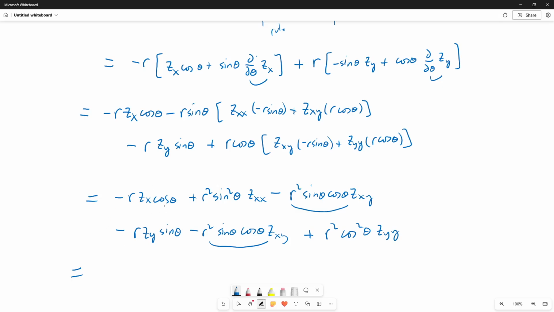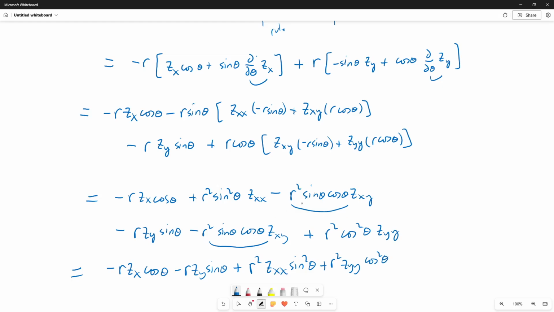So we have the first order terms, which are negative r z sub x cosine theta minus r z sub y sine theta. And then we have the pure second order terms. So we have plus r squared z sub xx sine squared theta, and then plus r squared z sub yy cosine squared theta.